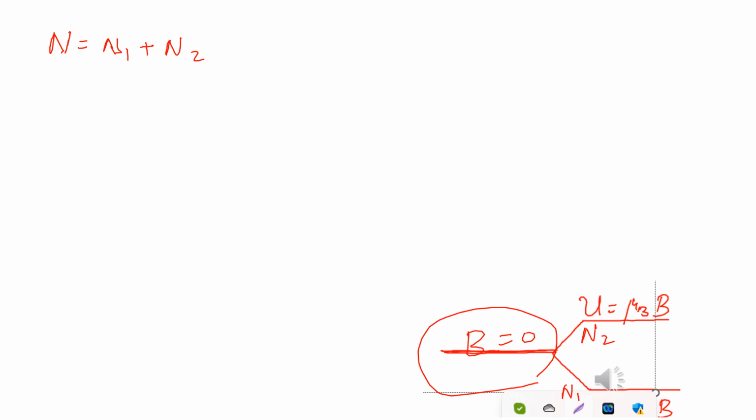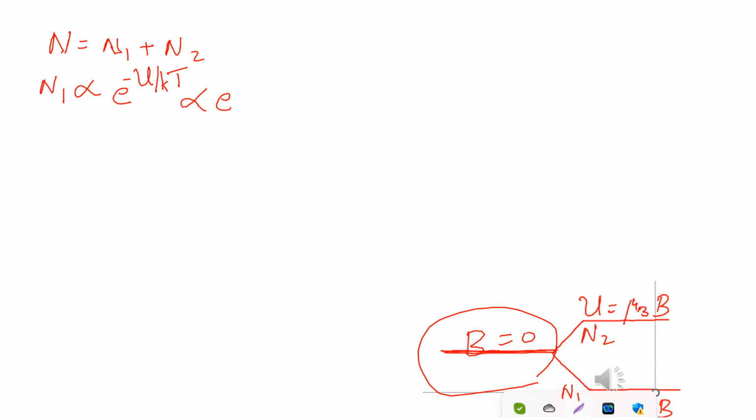And according to the Maxwell-Boltzmann distribution function, N1 is proportional to e raised to minus U, the energy, divided by KT. But what is U? We can substitute for that. What is the value of U?